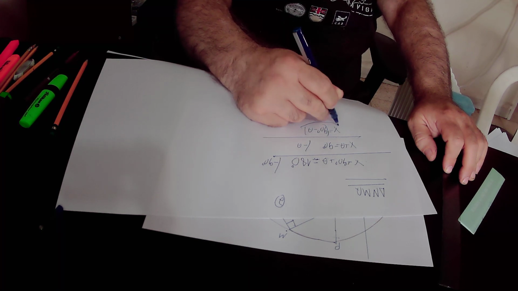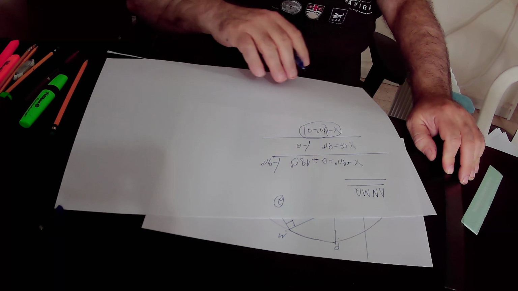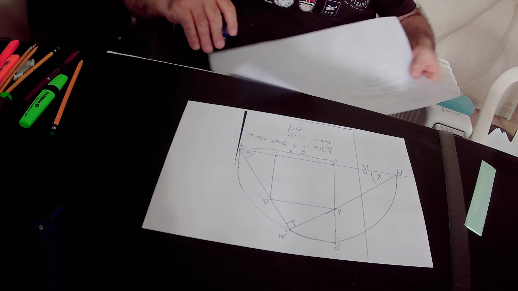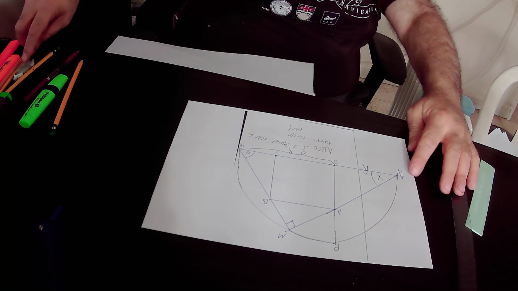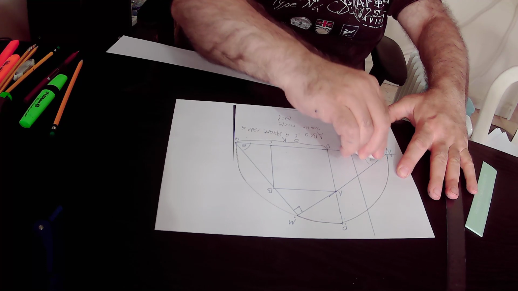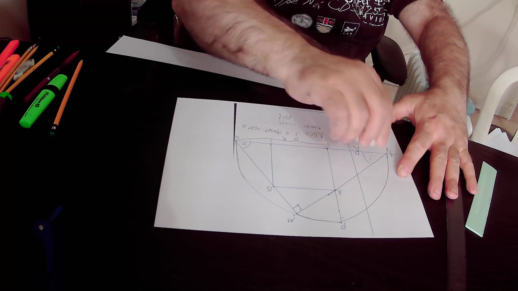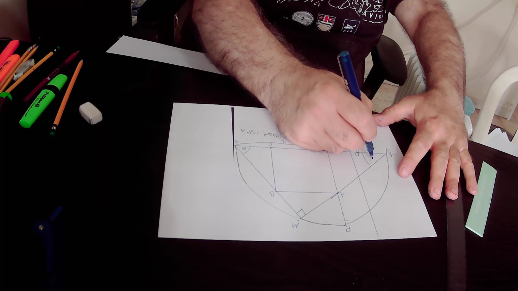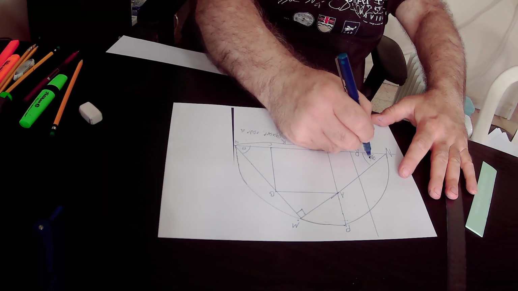So we found out that the size of the missing angle x is 90 degrees minus theta. So we can substitute angle x by 90 degrees minus theta. We'll do it now, and we write here that this angle is equal to 90 degrees minus theta.